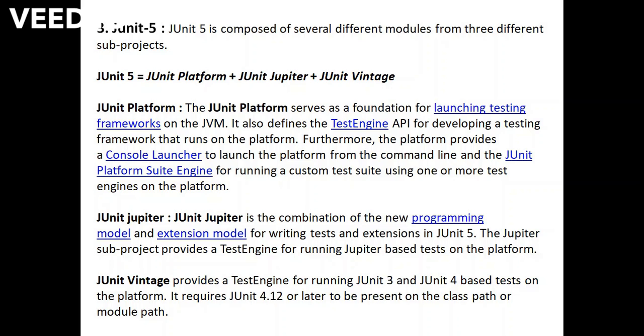It requires JUnit 4.12. So whatever test cases you have developed, it requires JUnit 4.12 or later to be present on the classpath. So that means it requires the JUnit Vintage library. It requires the JUnit Platform library. Okay. And also it requires JUnit 4.12 on your classpath. So this is the Vintage jar.